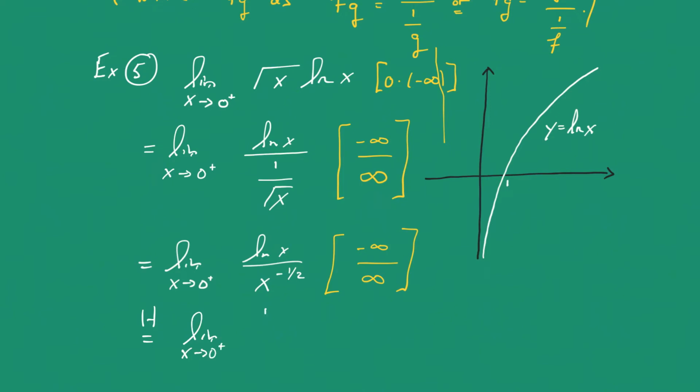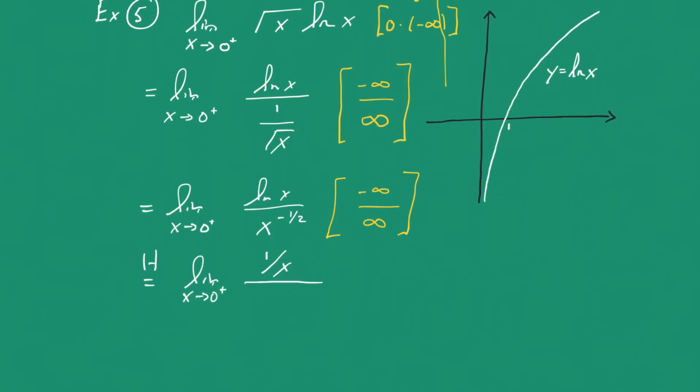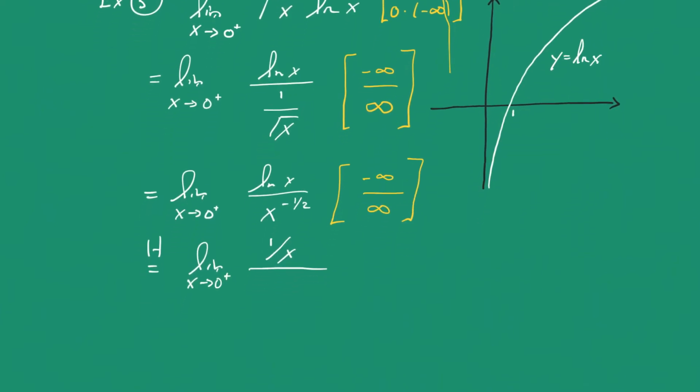We differentiate the numerator. That's 1 over x divided by, and differentiating the denominator, we're going to have minus 1/2 x to the minus 3/2.